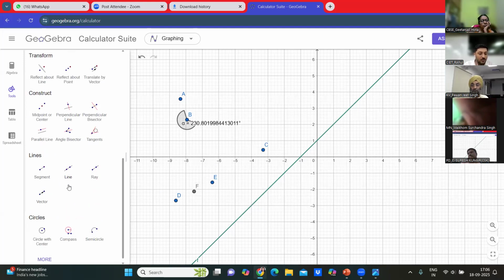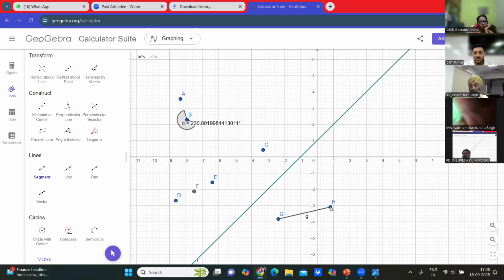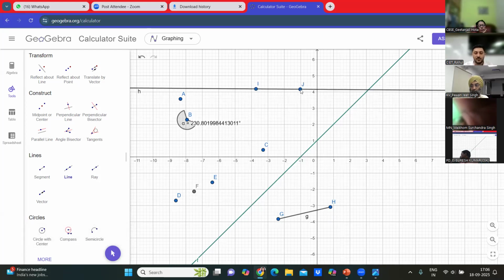Now, if we want a segment, select 2 points or positions. This is a segment. If we want a line, select line and select 2 points or positions. This is a line. If we want a ray, select a start point, then a point on the ray.